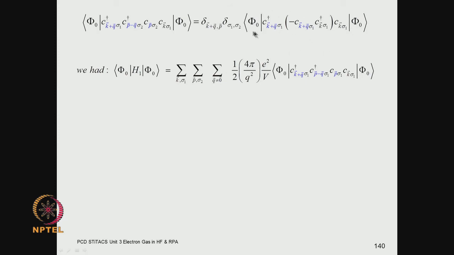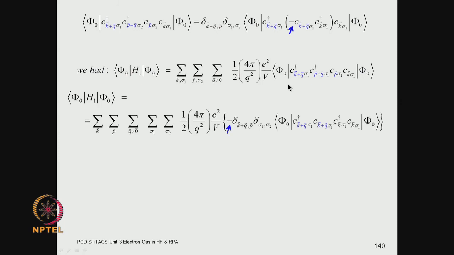You have got a minus sign here, you have got the Kronecker deltas over here, and we can now use the right hand side of the first equation which is at the top of the slide and use it to replace this term. Okay? What does it give us?